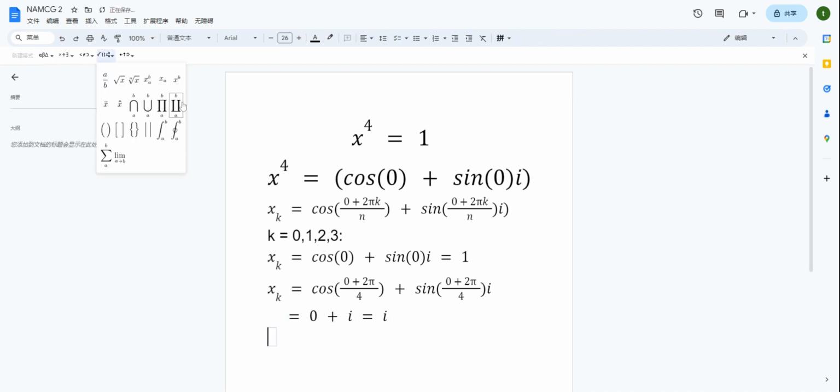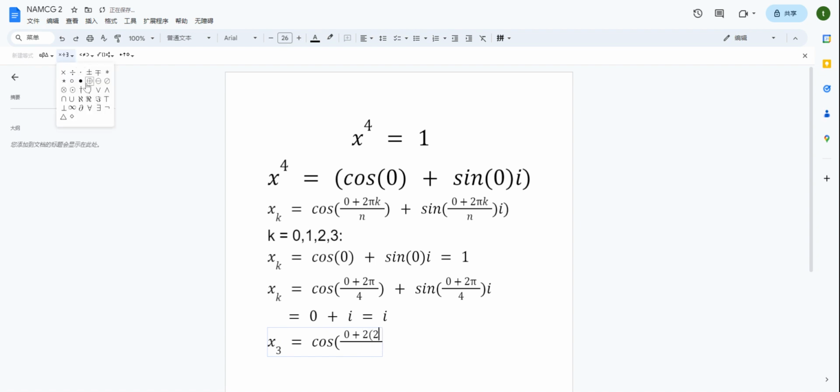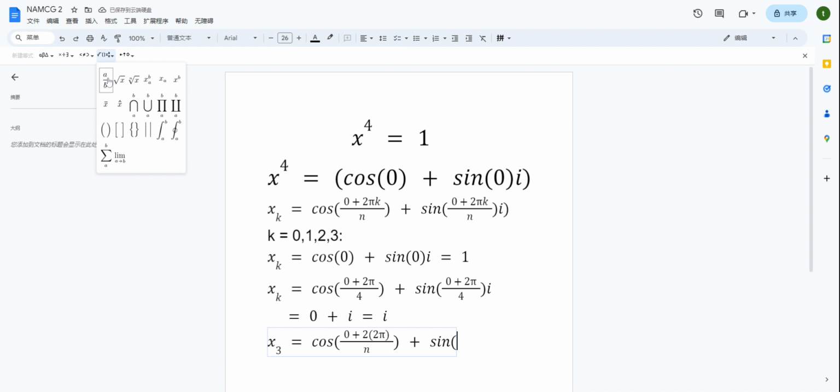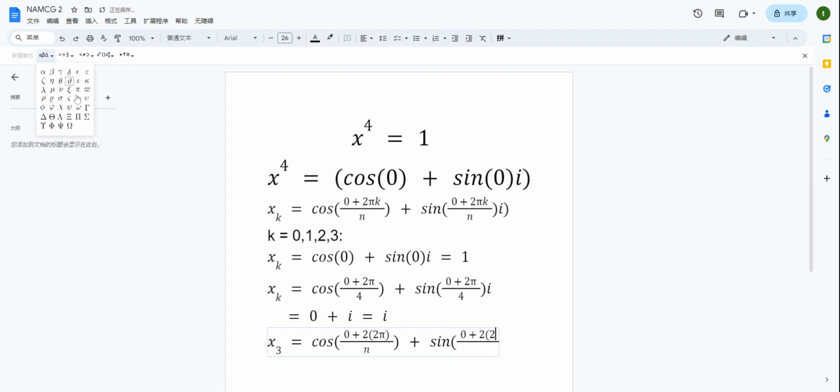The third solution, x3, is equal to cosine of (0 plus 4 pi) divided by 4, because it's 2 pi times 2, plus i sine of (0 plus 4 pi) divided by 4.